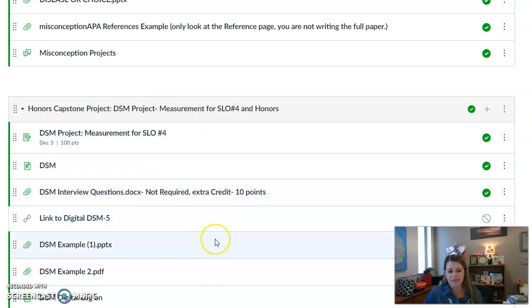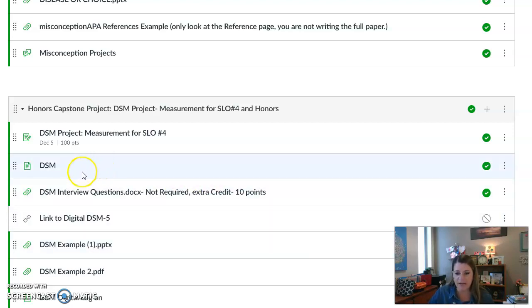When you look at it, it looks like there's a lot of different things going on, but this is the actual assignment itself. A lot of these are either examples or links to the DSM. The DSM stands for the Diagnostic and Statistical Manual, and that is what this assignment is about.